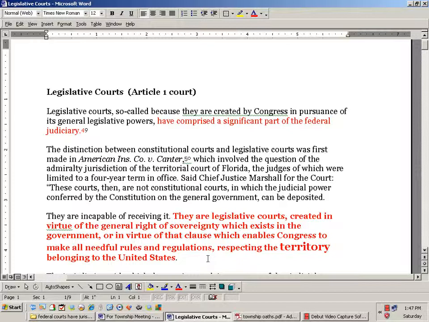Your townships and cities are territories, and they have Article 1 courts. So they fall under federal jurisdiction. And apparently the people holding these offices haven't taken an oath. So they have a deficiency. Their office has been vacated.